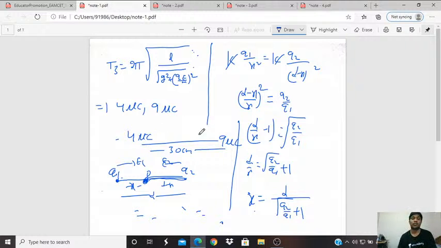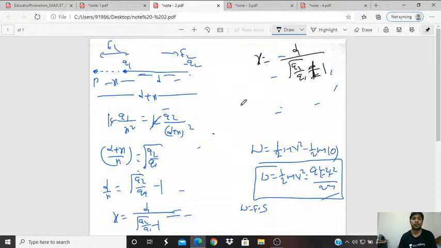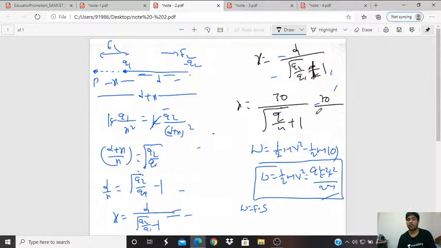This is Q1, this is Q2. Let's take here X. So what will you get? What is D here? 30 centimeter by root of 9 by 4 plus 1. That is 3, 9 by 4 means 3 by 2 plus 1. 5 by 2.